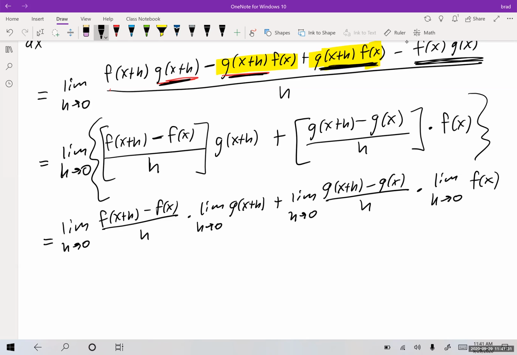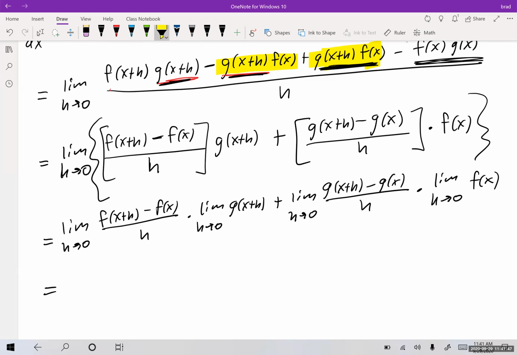So what I did is I just took the limit of each piece of each product, so I took the limit of this times the limit of this plus the limit of this times the limit of this, okay? No big deal, just using our limit properties.